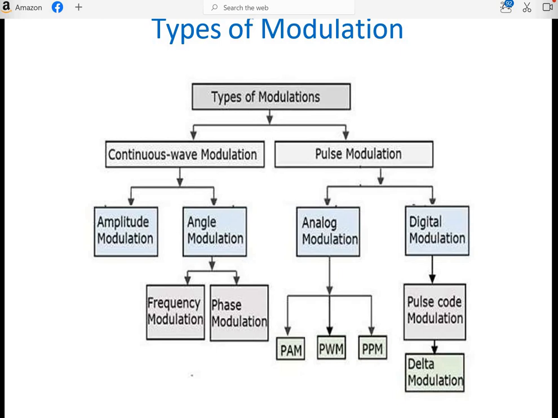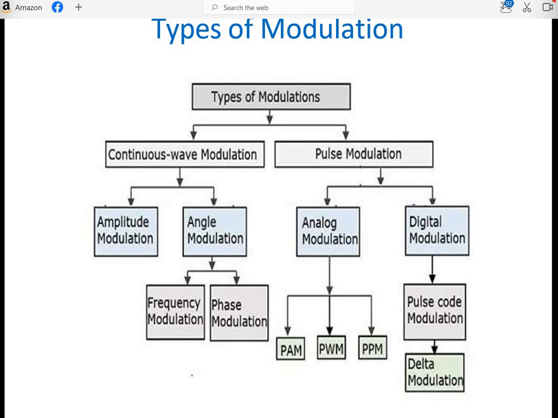Continuous wave modulation is divided into two categories: first is amplitude modulation and second is angle modulation. In angle modulation, there are further two types: frequency modulation and phase modulation.